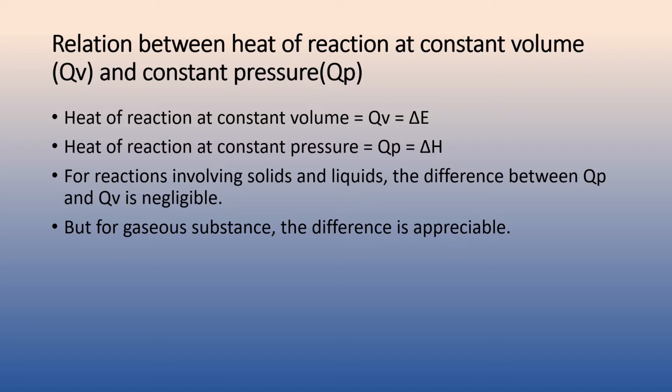This we have already derived from the first law expression. For reactions involving solids and liquids, the difference between QP and QV is negligible. But for gaseous substances it is not so; there is a much more pronounced difference between the two parameters QP and QV. So let's see what is the relation between QP and QV.